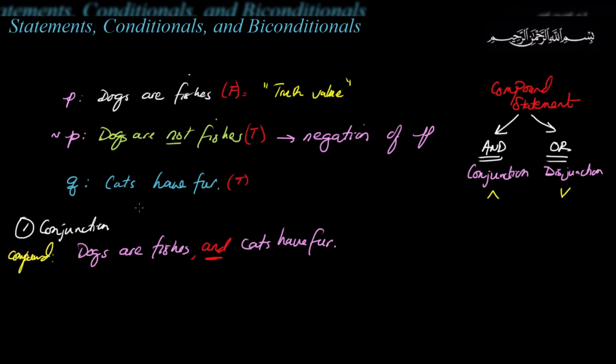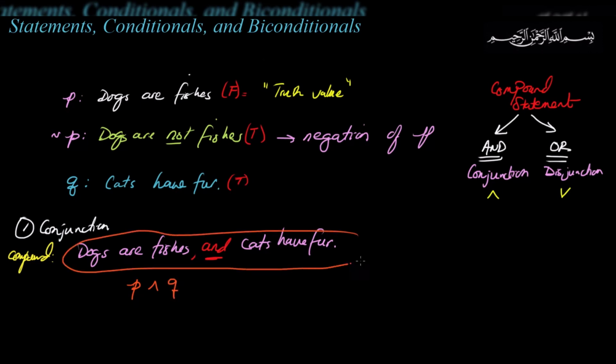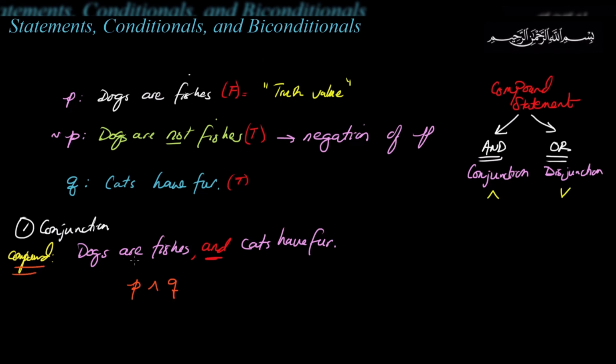Dogs are fishes, that's P, and cats have fur, that's Q. So the compound statement, dogs are fishes and cats have fur, can be written symbolically as P and Q.